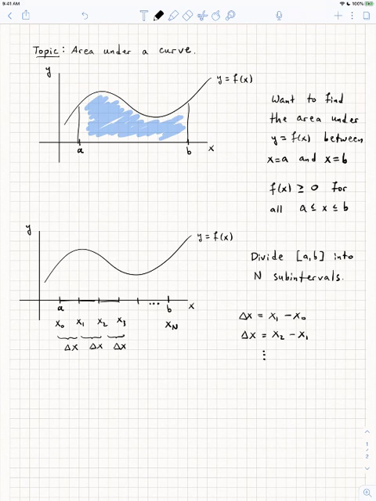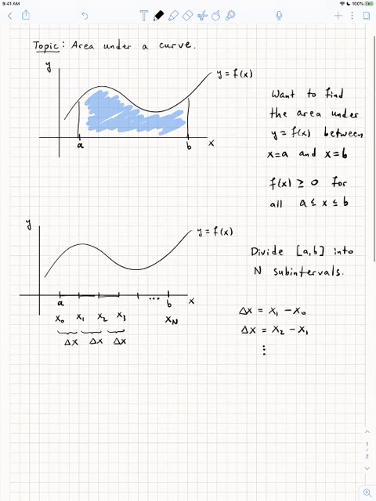We're going to divide the interval up into n subintervals, all of equal length, so all of these intervals will have the same width. We can figure out what that width is because we know that the total length of the interval is b minus a. So delta x is equal to b minus a, the total length of the interval, divided by how many subintervals there are. So we divide it by n. That tells us the width of all of these intervals.